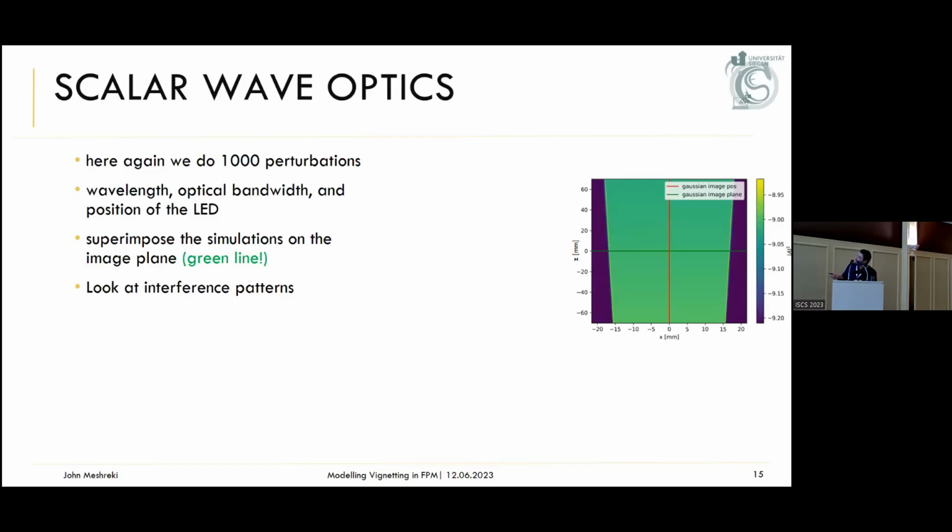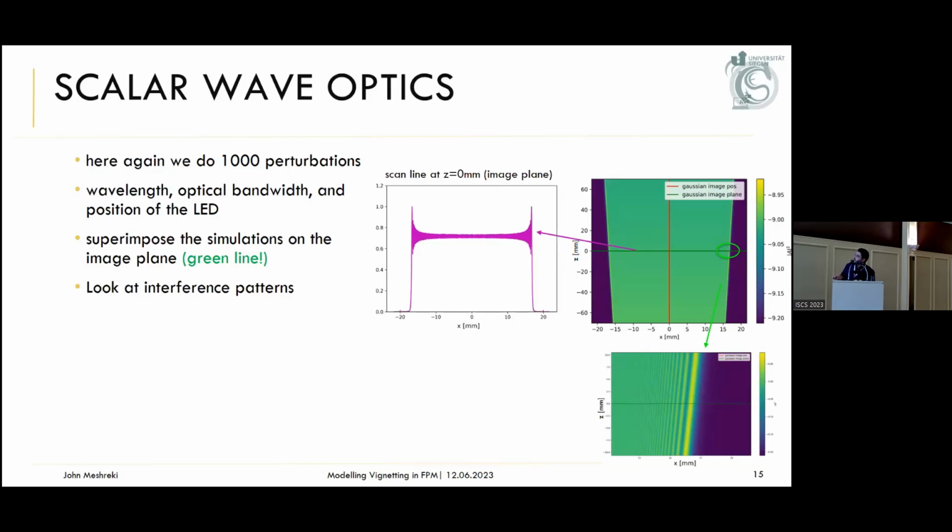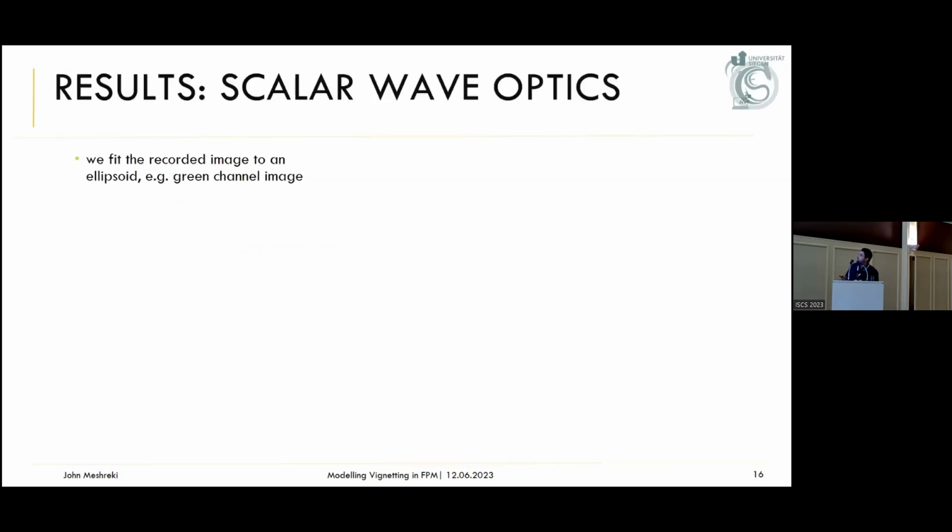The green line corresponds to this superposition of simulations. Everything up or down is just a forward or backward propagation so that we can see more information in the interference pattern, how it looks. These are just zoomed pictures of this interference pattern, which I can skip.